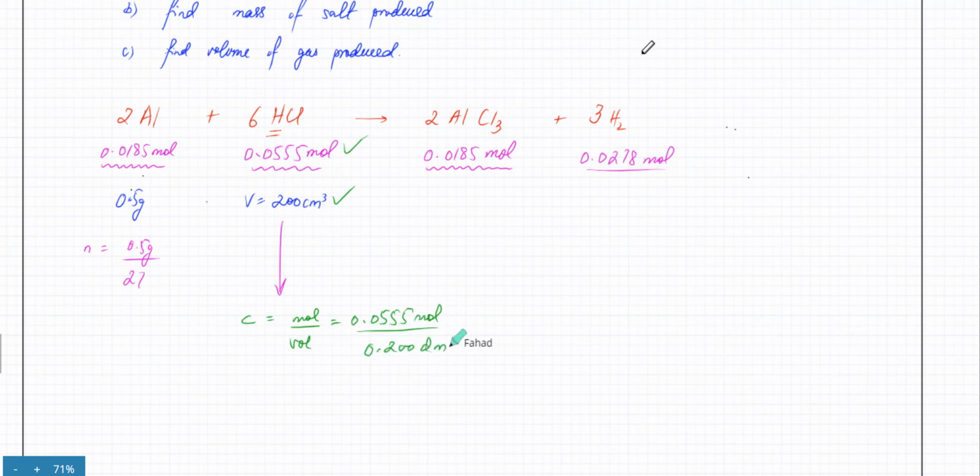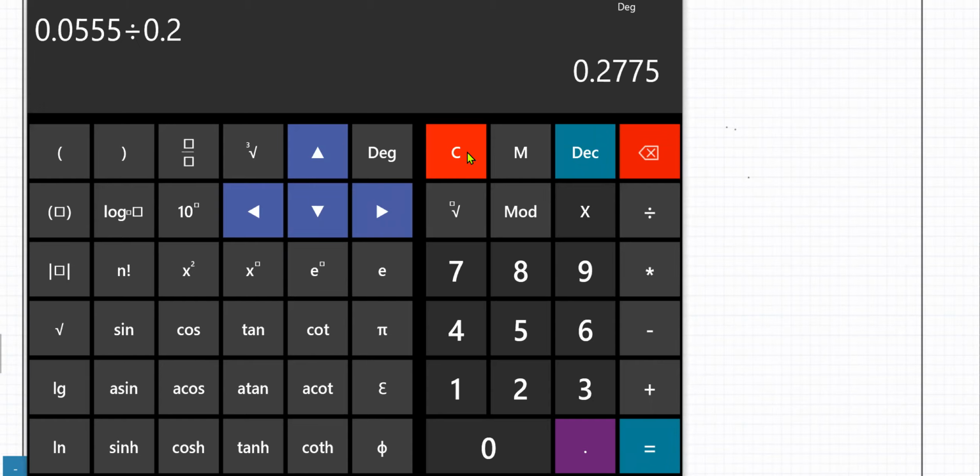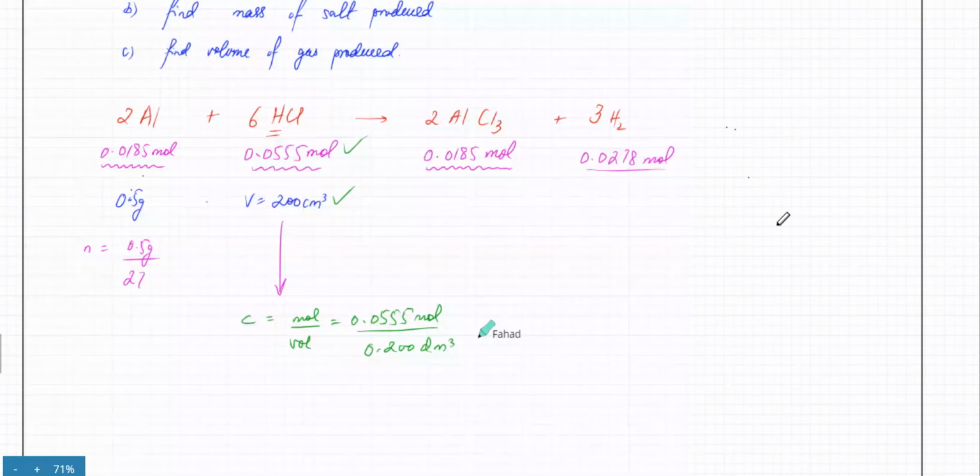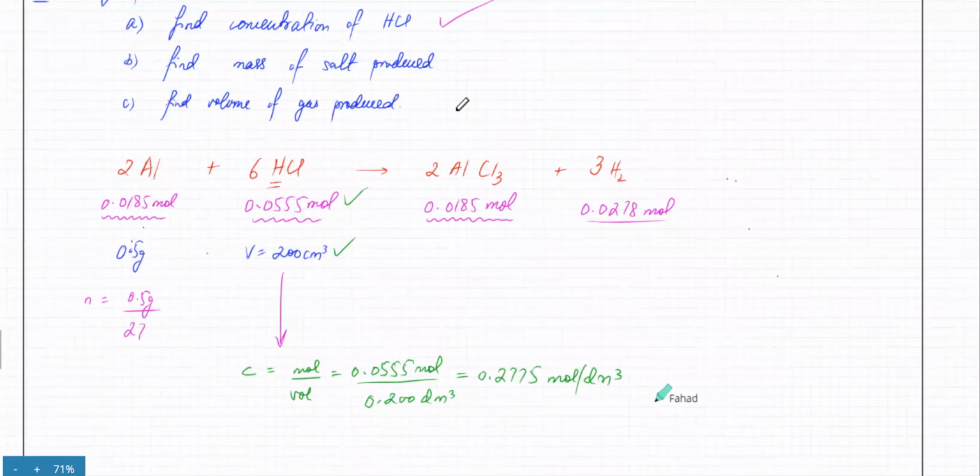So 0.0555 divided by 0.2, and that gives me 0.2775 mole per decimeter cubed. So we found the concentration.